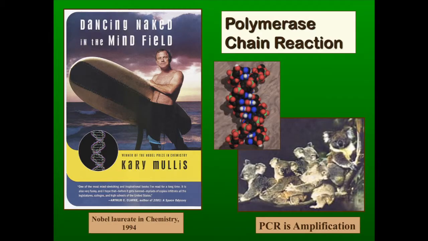How did they determine that that had something to do with Bill Clinton's DNA? Well, they didn't sequence all of his DNA and her DNA and compare them. Rather, they relied on the polymerase chain reaction, which was originally invented by this man, Kary Mullis.